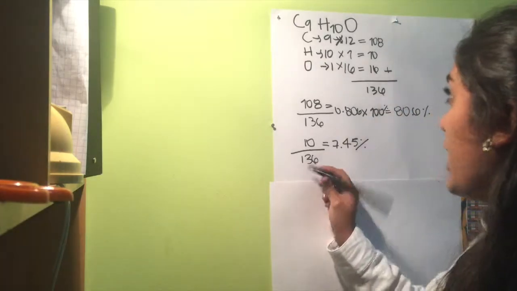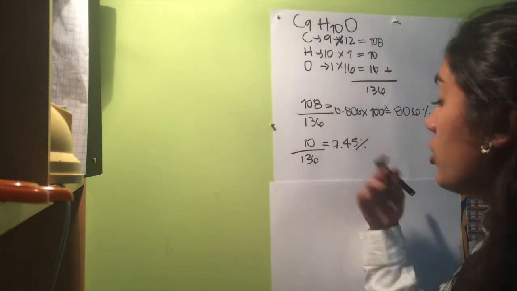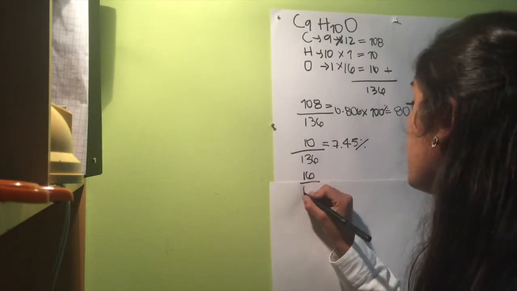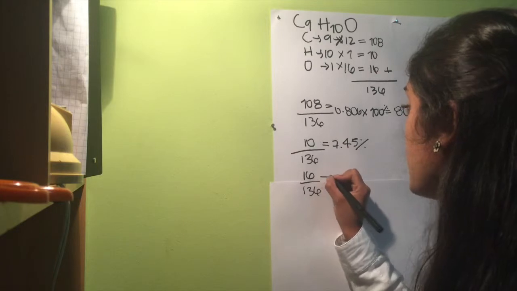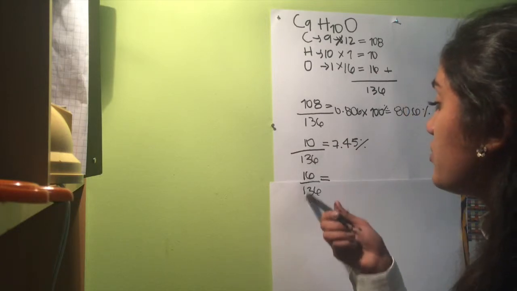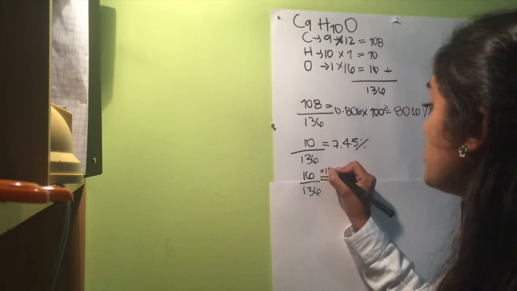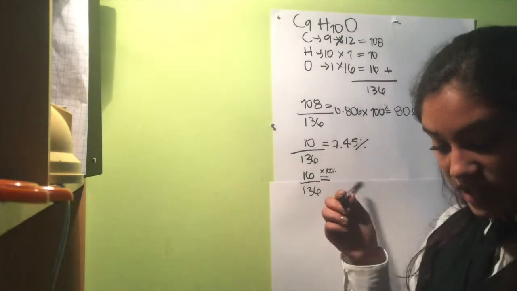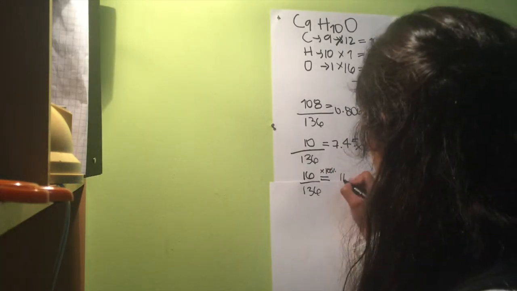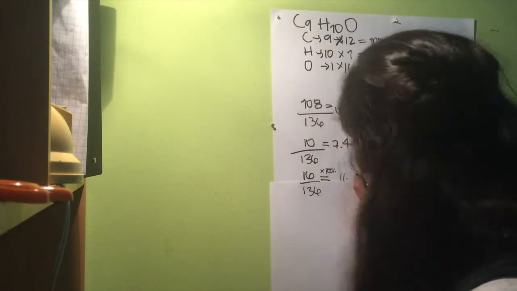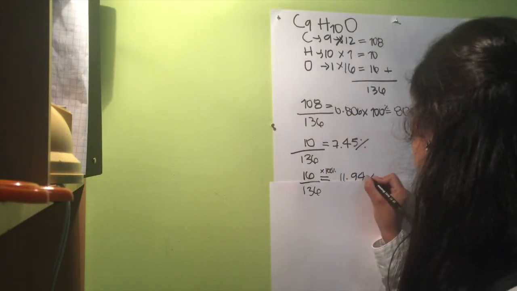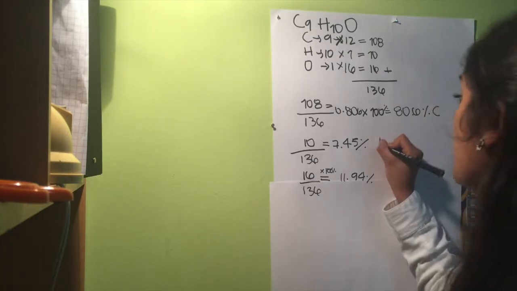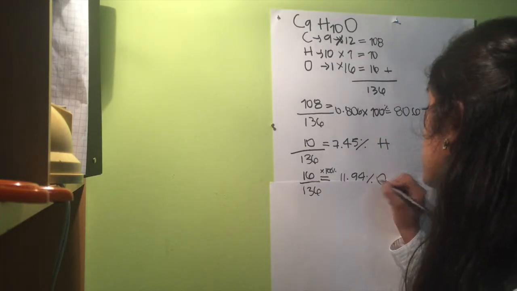And now we're going to take oxygen and do the whole process all over again. It's going to be 16 divided by 136, times 100%, and that is going to give us 11.94%. So this is the percentage of carbon, of hydrogen, and of oxygen.